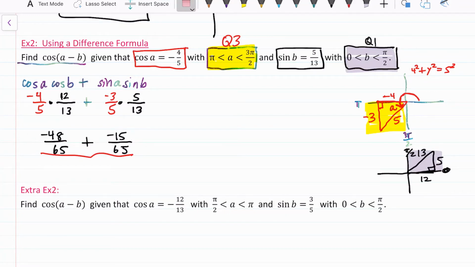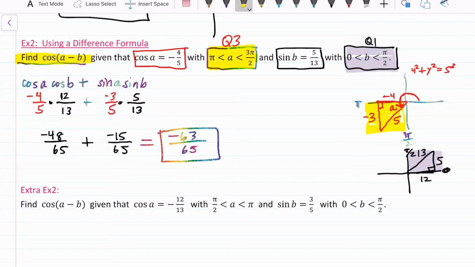When I combine these, I will get negative 63 over 65. And that is the answer to the original question, what is cosine of A minus B? Which is negative 63 over 65.